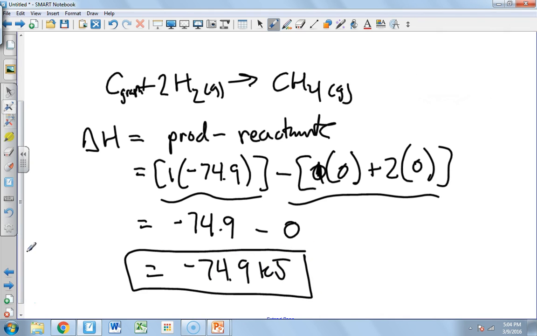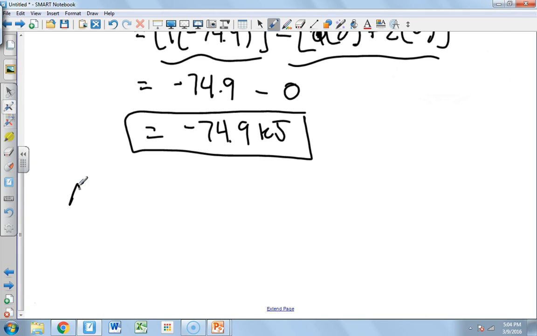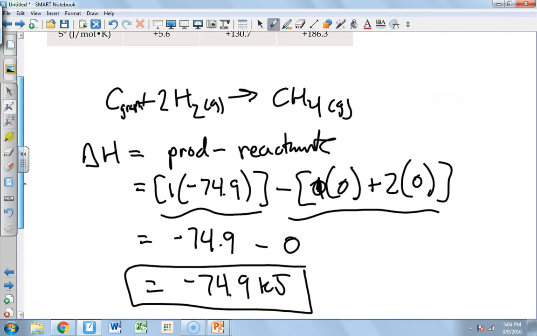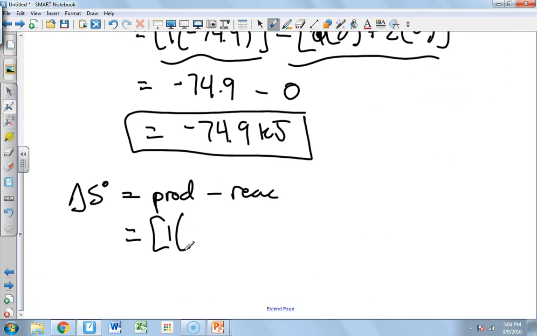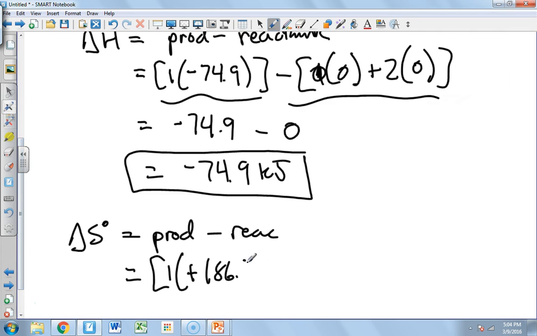Now we do the delta S the same way. Delta S naught equals products minus reactants. The products, there's 1 mole of product, and the delta S is plus 186.3, minus 1 carbon.